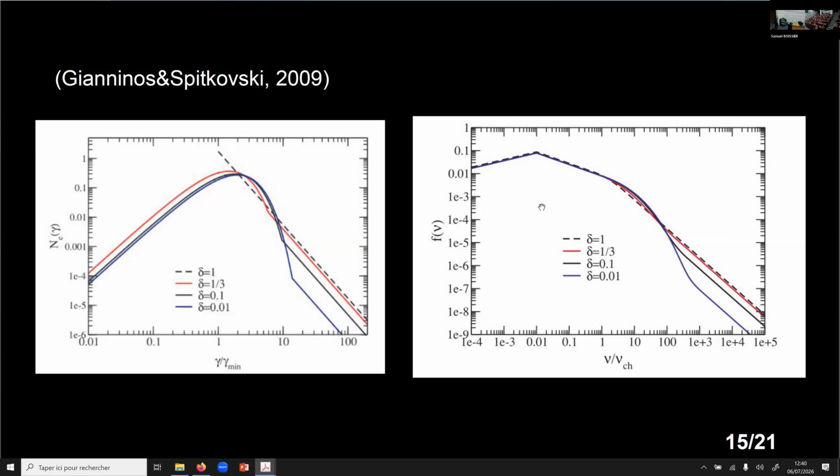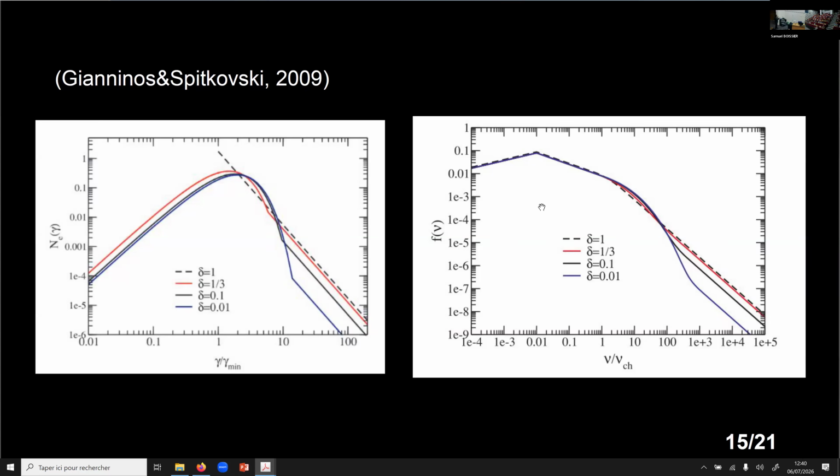But Dimitrios Giannios, in his paper from 2009, used this thermal tail of those electrons that then propagates into the spectrum in this way.